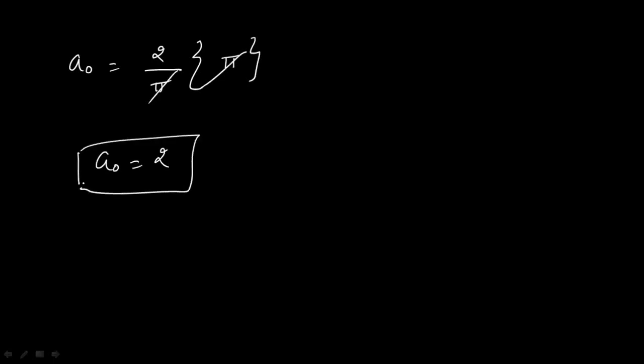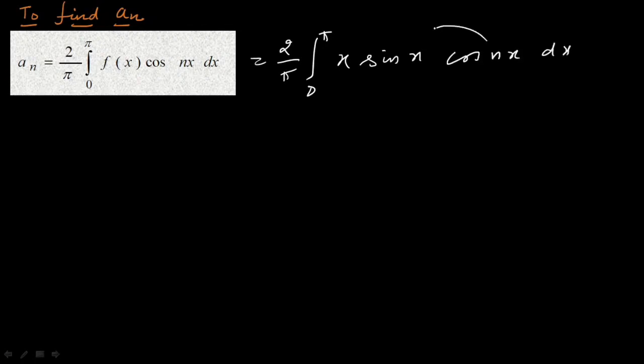So now we have calculated the value of a0. Then we calculate the value of an next. To find an, we make use of this formula: an is equal to 2 by pi integral 0 to pi f of x cos n x dx. Just replace f of x by the given function, that is x sin x, and cos n x dx. What I am going to do is interchange these two, because in multiplication ab and ba are equivalent.